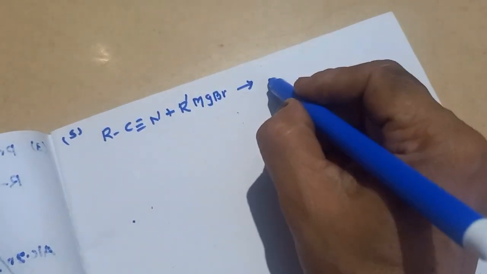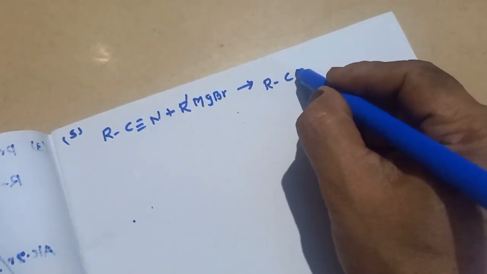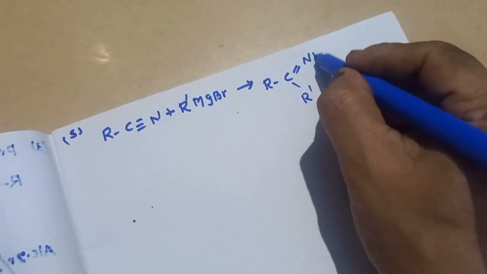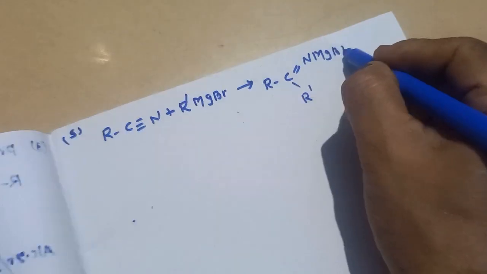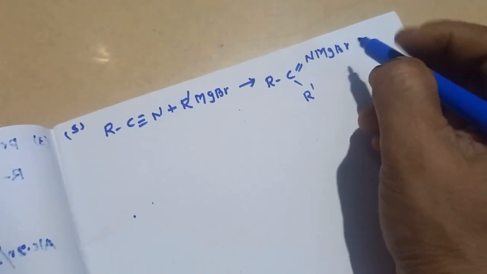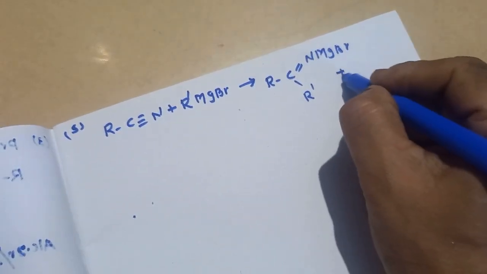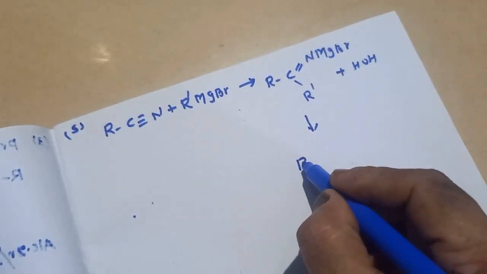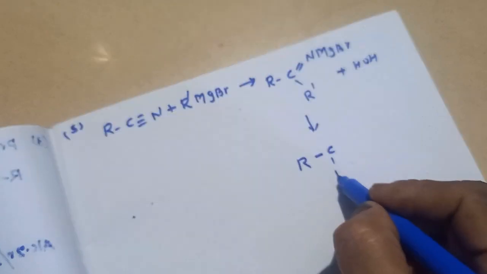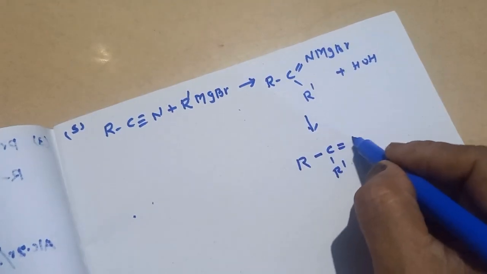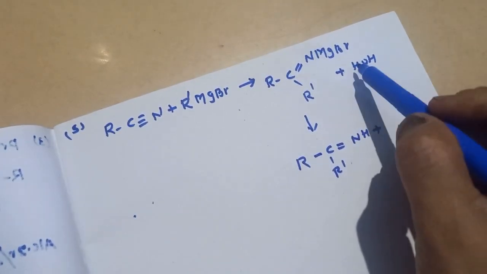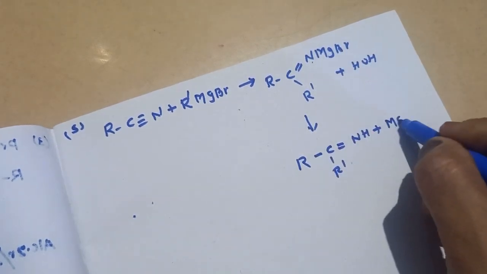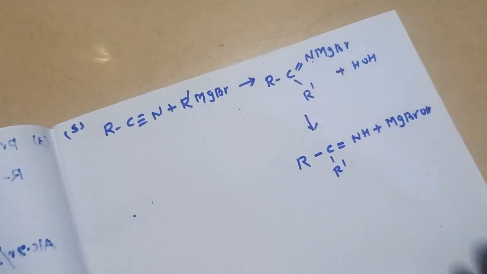Now the product is, here OH goes with this one and hydrogen goes with nitrogen, so you get the MgBrOH.